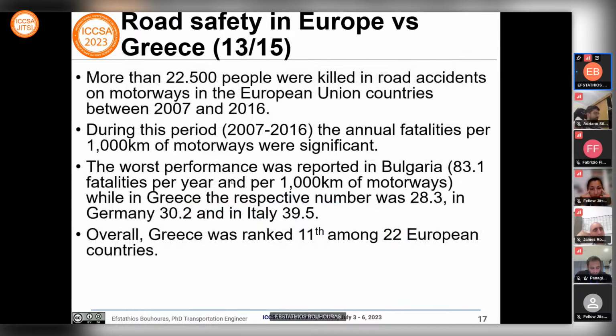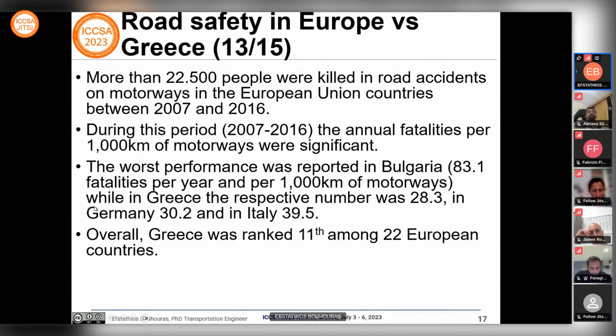And we know that a small city is wiped out from the map, I'm sorry, every year at the European level: 22,000 people were killed every year between 2007 and 2016 in all European countries.